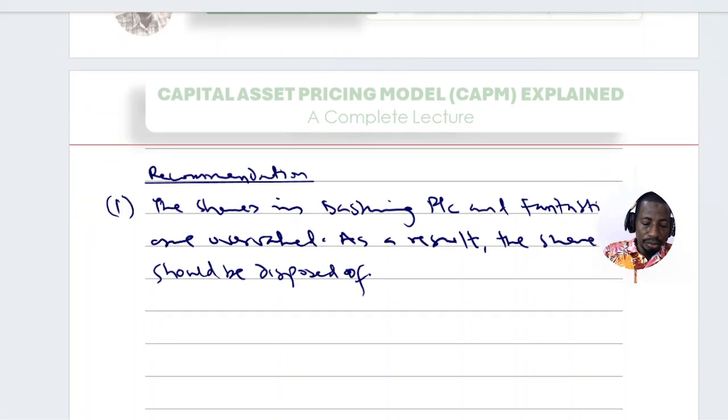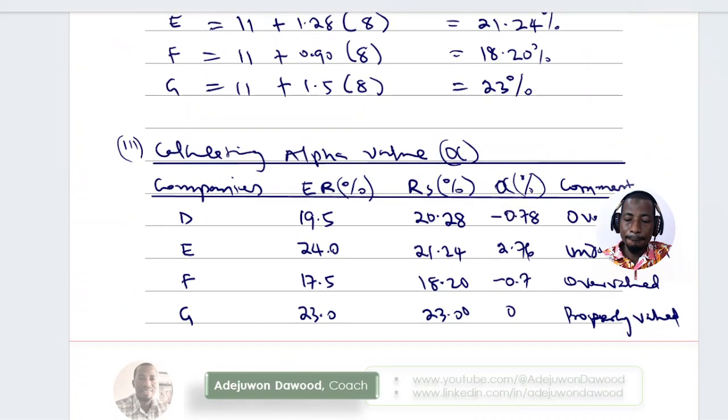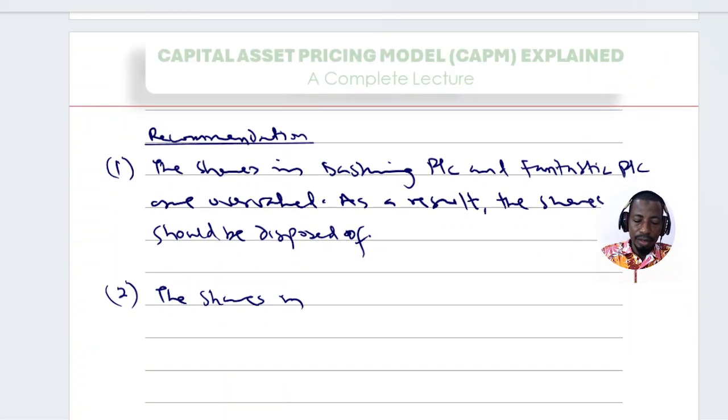Then number 2, the shares in Elegant PLC are undervalued.